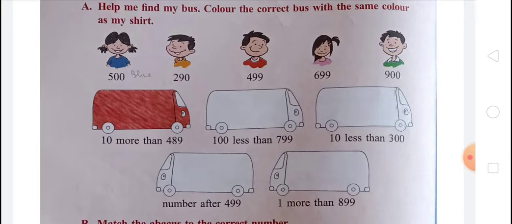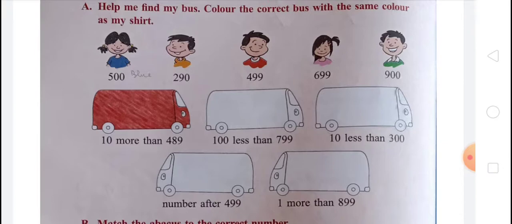In the first bus, you can see 10 more than 489. What will be 10 more than 489? You have to add 10 to 489, that will be 499. The child of 499 wears a red shirt, so you have to color the bus red.